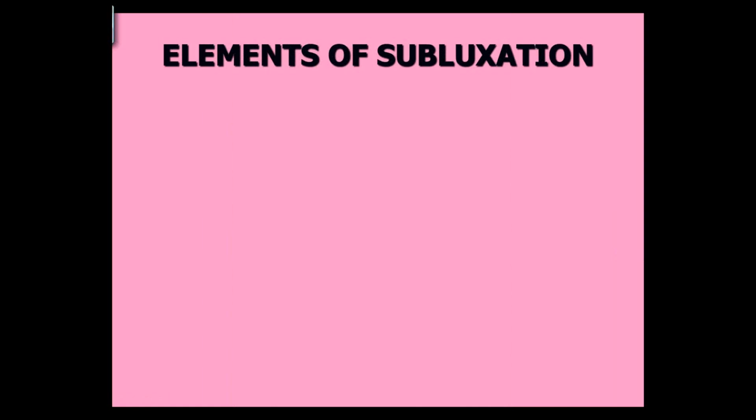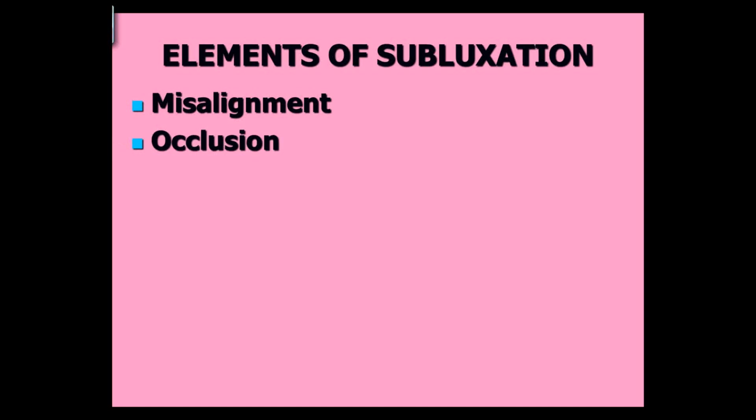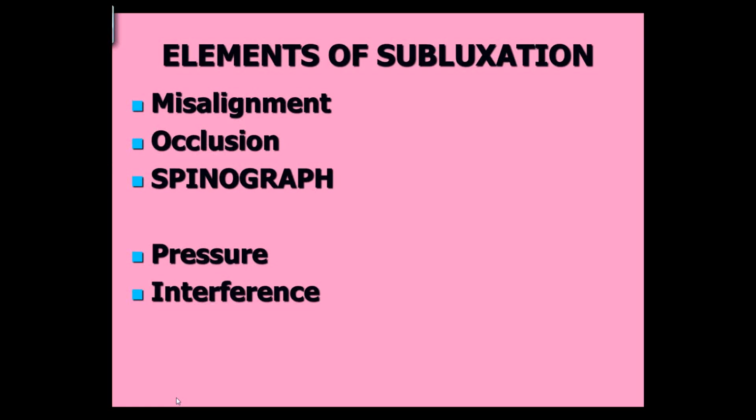So the first thing we want to talk about is the elements of subluxation. This is basic and we know this, but we're going to go through it because it pertains to what we'll be looking at with the instrument as well as our spinographs in later sessions. There are two components of the subluxation that are derived from spinograph and two that are derived from the instrument.